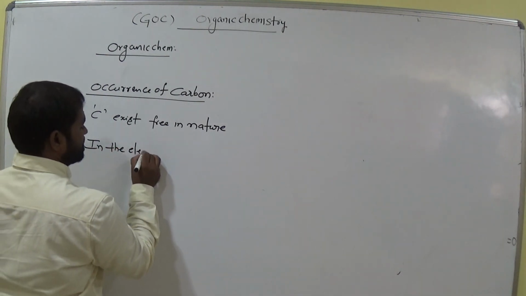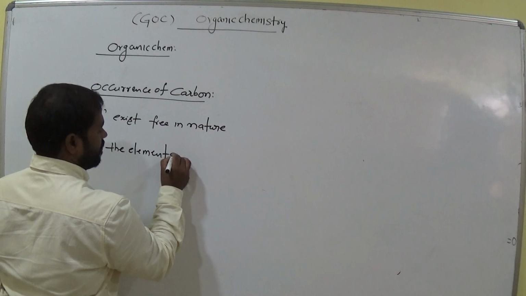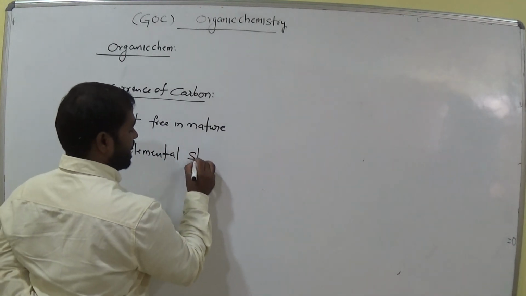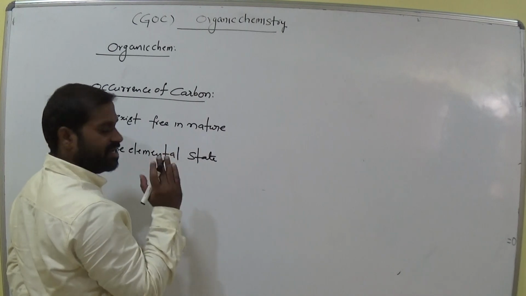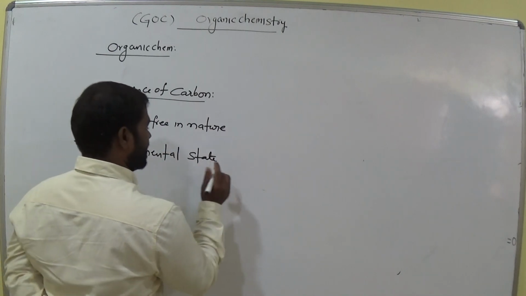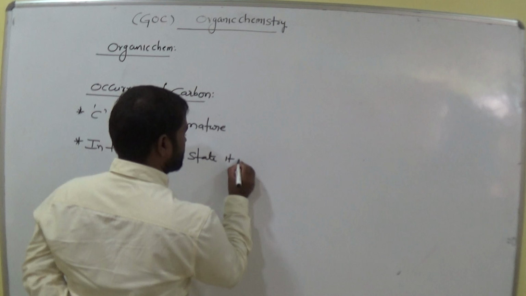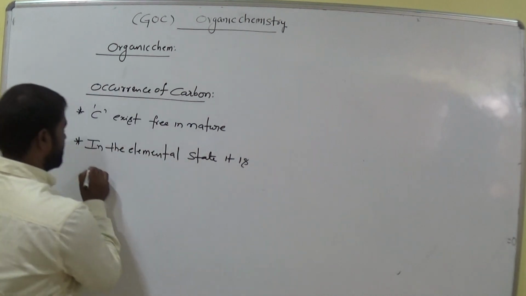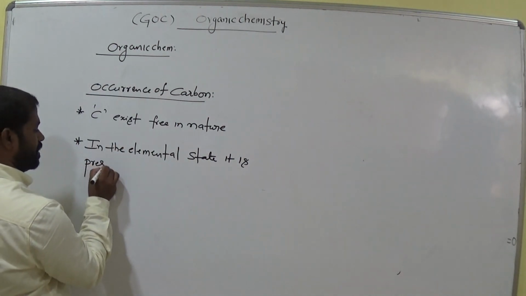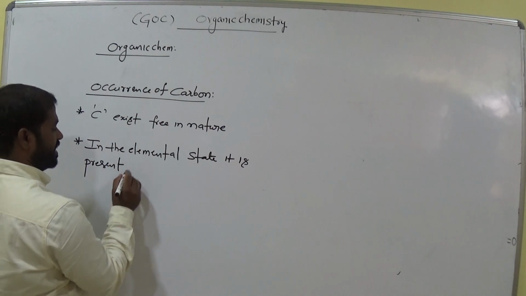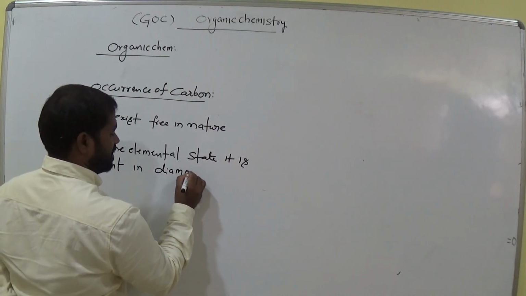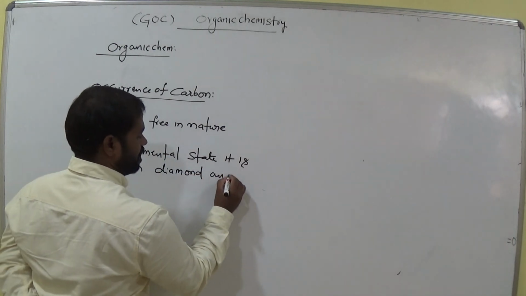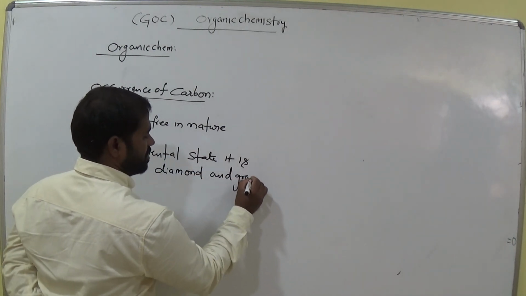In the elemental state, that means as an element, carbon is present in diamond and graphite.